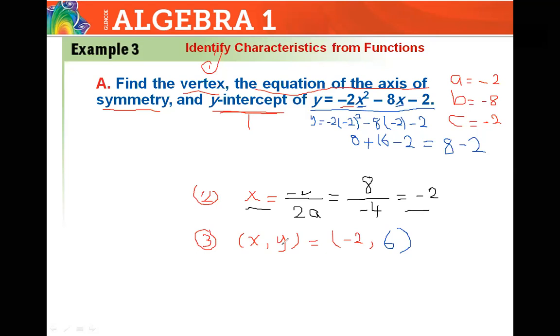The point consists of two coordinates. We already have the value of x from the previous step, so we put it directly, and then we get the value of y by substituting in the equation. I remove each x and put negative 2, and we get the value of y.